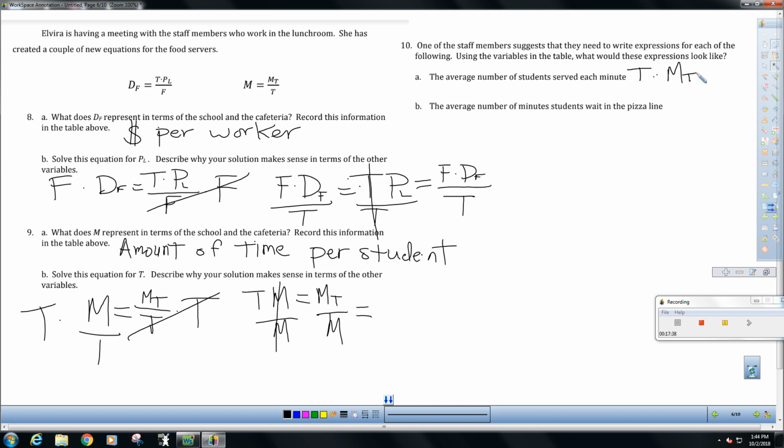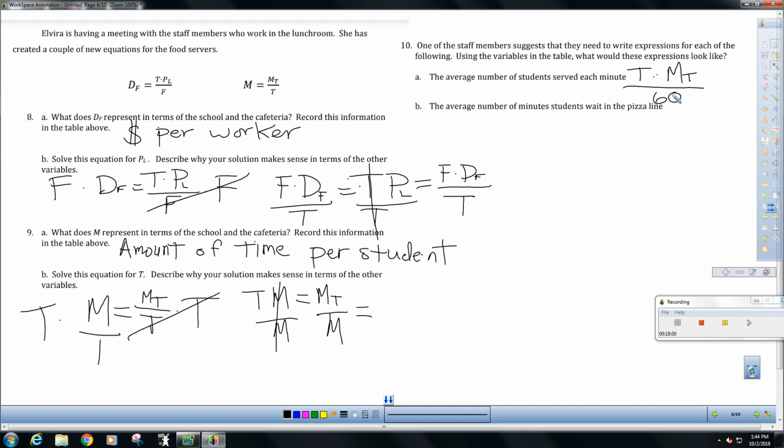Isn't that what M sub T was? And then let's divide that by 60, because that's how many minutes there are, and that will give us how many students are served in each minute.